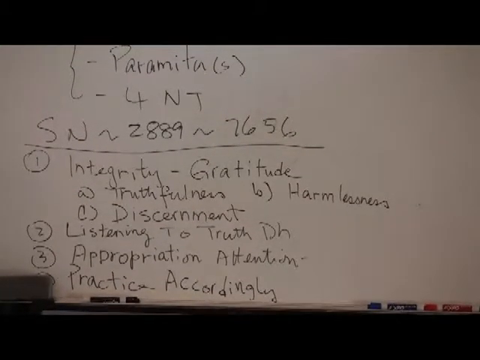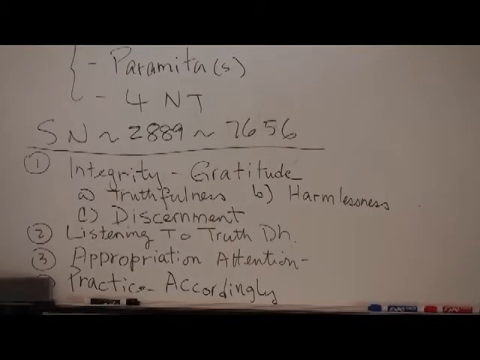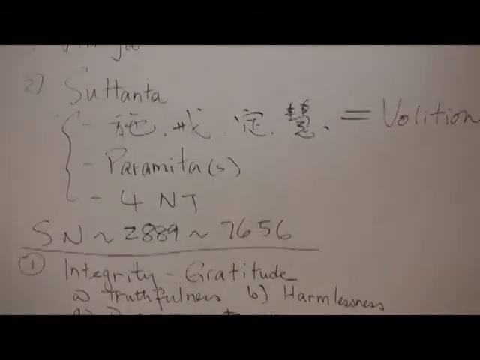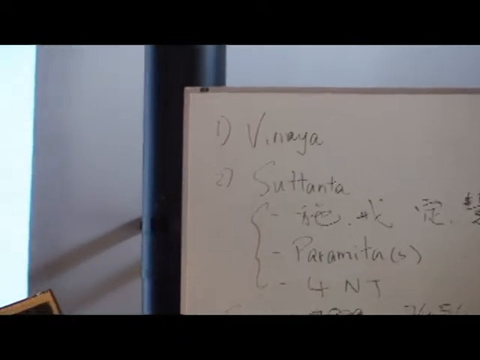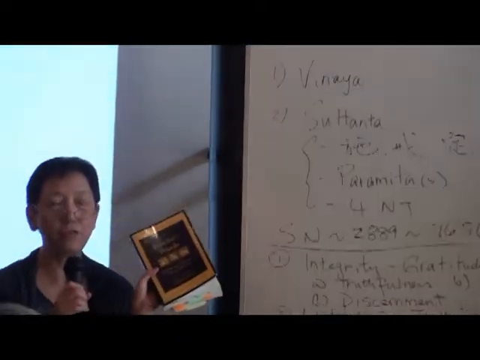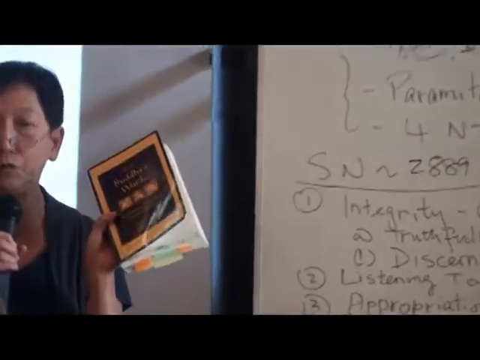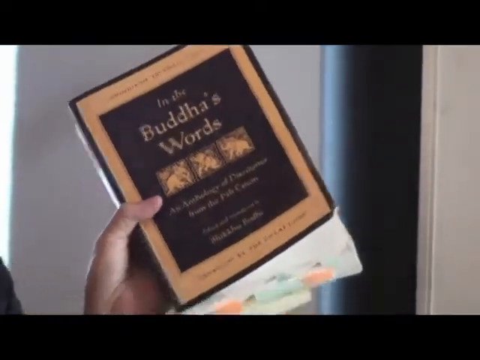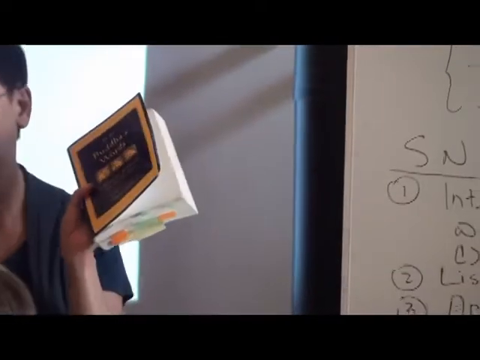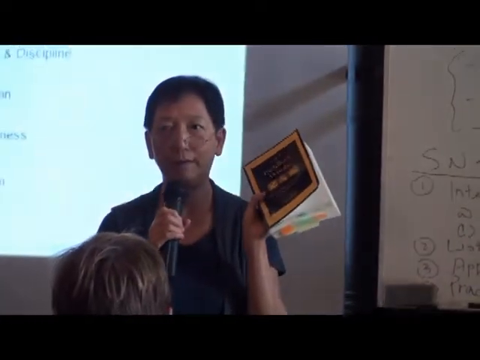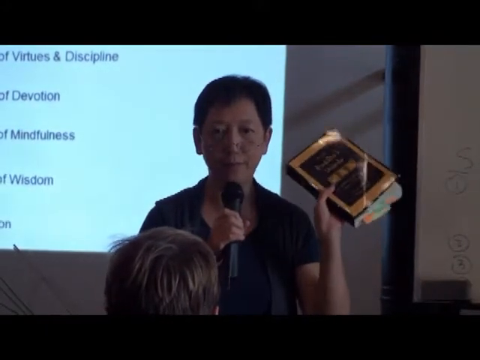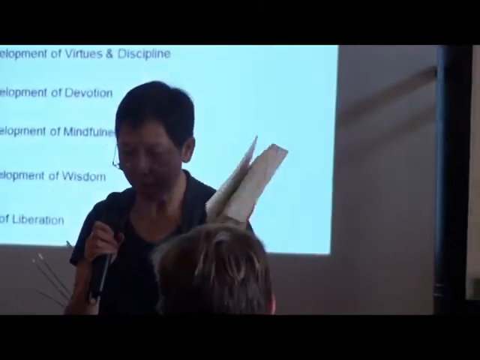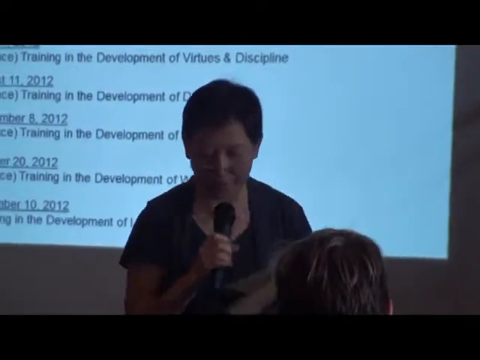Book number 2 is In the Buddha's Words. I believe a lot of us here are very familiar with this book by Bhikkhu Bodhi. Inside this book he arranged it in a very useful, very helpful sequence. It's a translation directly from the Suttanta. He selected some of the suttas that are very helpful with concepts and also practice. I'll get to that later.